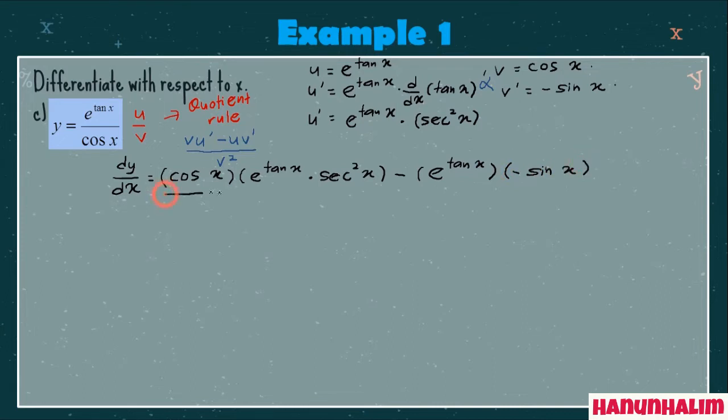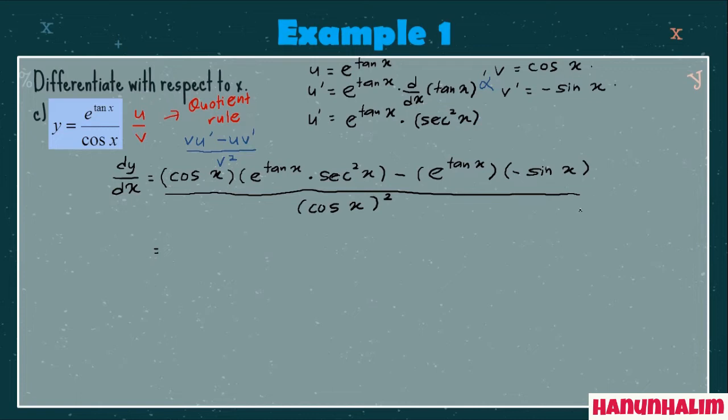Don't forget over v squared, v cos x squared. Okay, next settle lah.